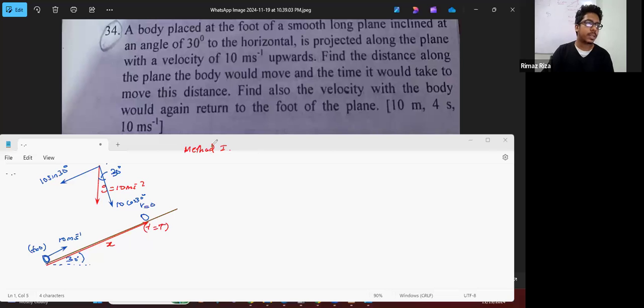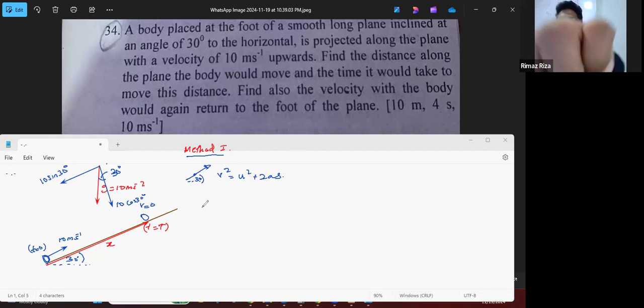In the first method, I'm going to consider the motion of the particle along the plane, which is making 30 degrees with the horizontal. In that direction, I'm going to use v squared equals u squared plus 2as. Here v means the final velocity, and at the maximum distance, velocity will be 0.